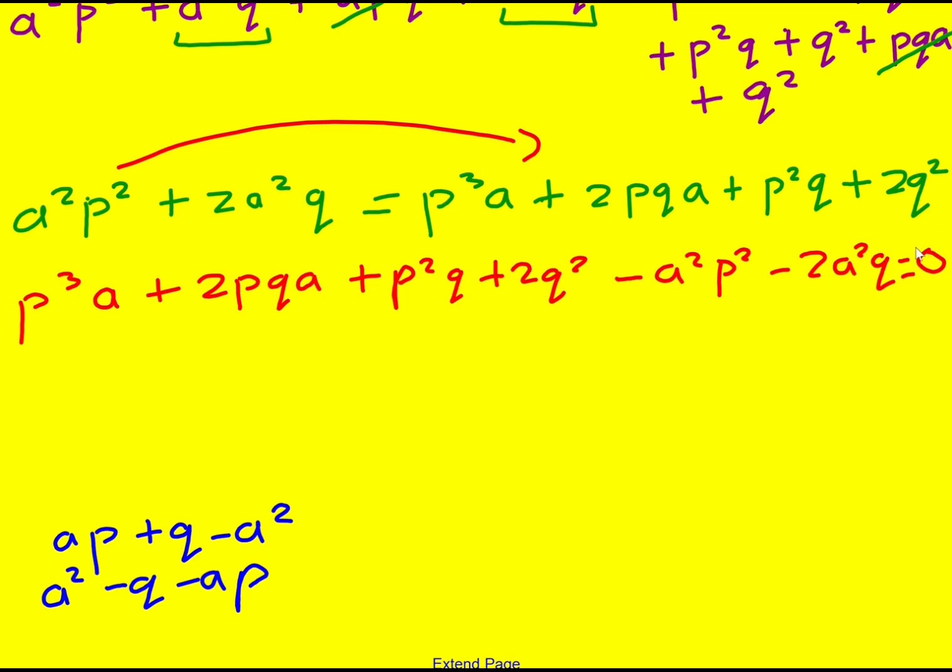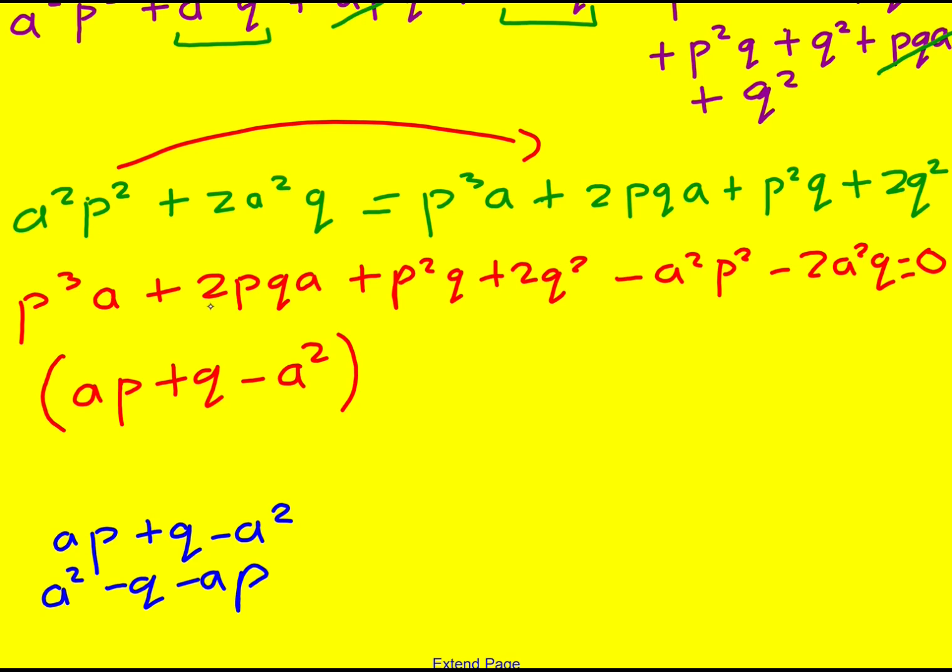Okay, so I'm just going to take out a factor of, what should we go with? Let's go with the first one, AP plus Q minus A squared.